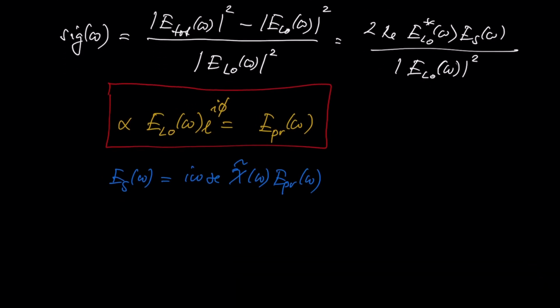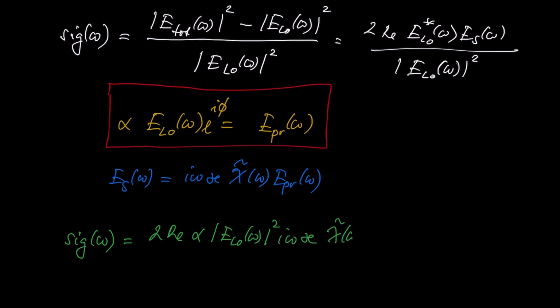And if we put this into the definition of the signal, we get for the signal two real parts. And now of what? Of alpha, we get the local oscillator square. We get i omega kappa chi tilde omega and e to the power of i phi.